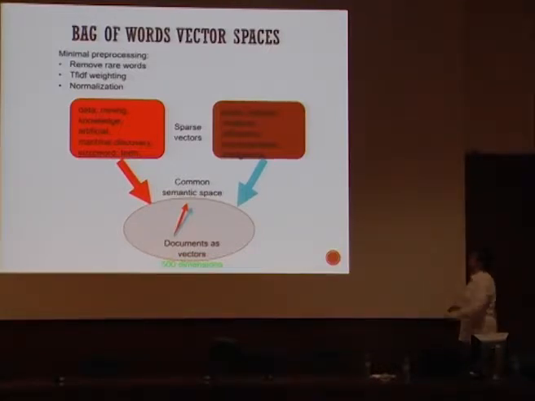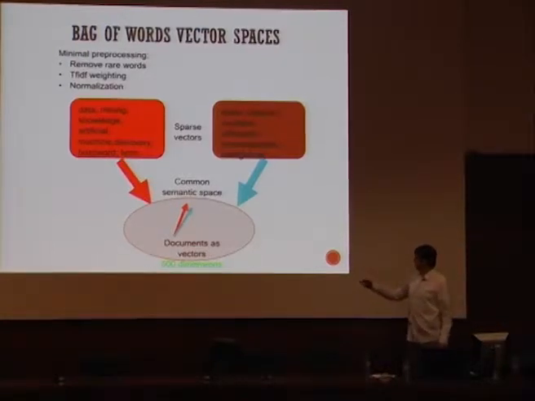So this is this standard bag of words space. We are mapping this text to sparse vectors. That means, for example, data is the word of the number 100, and frequency, I don't know, here is 1, but it could be 5 or something like that.